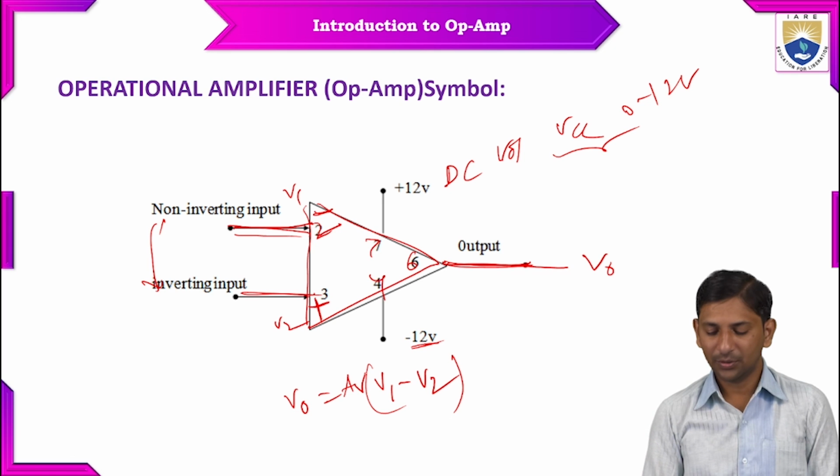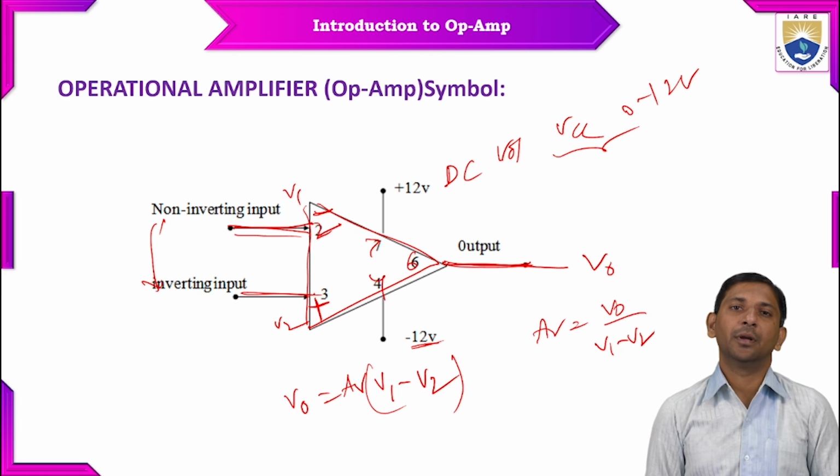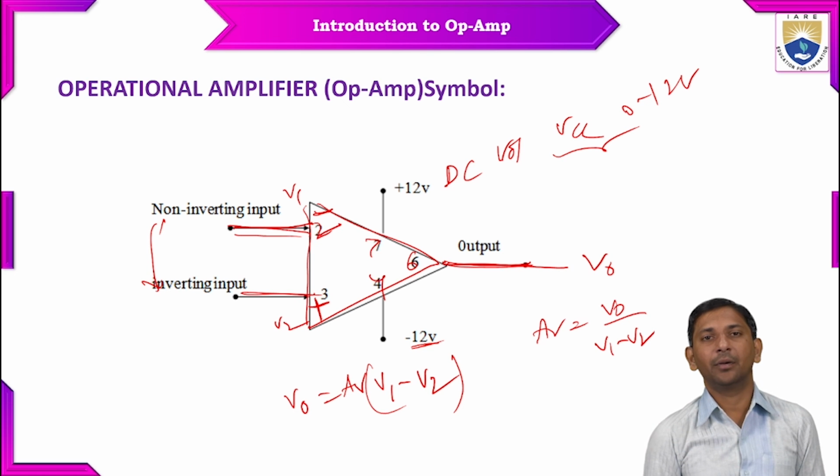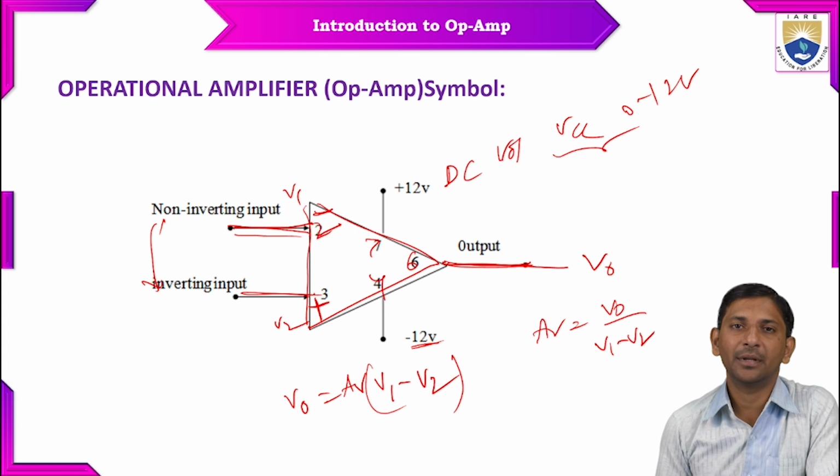So AV can be calculated by V0 divided by V1 minus V2. This is the way we calculate our gain and output voltages using this operational amplifier.